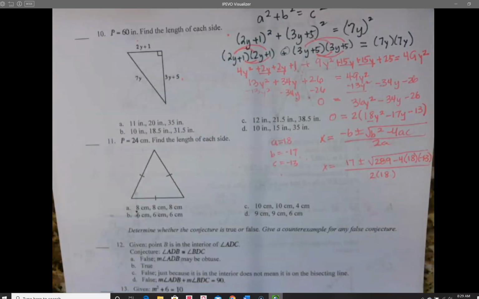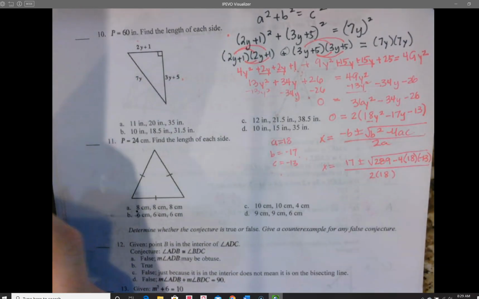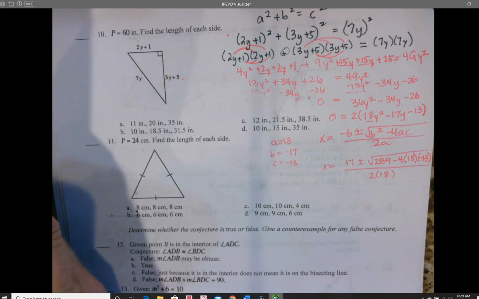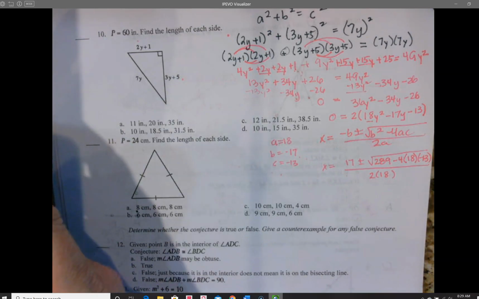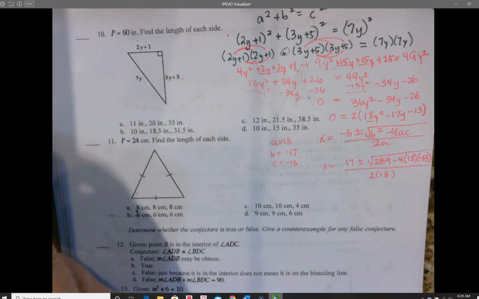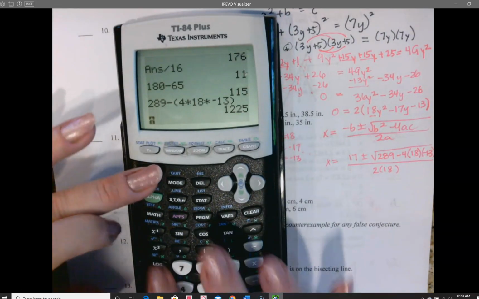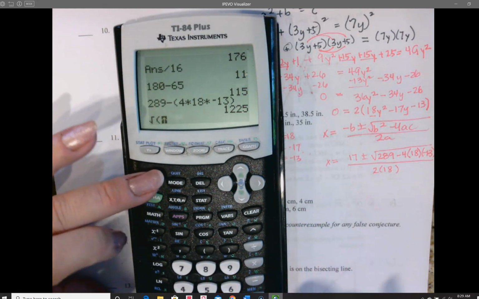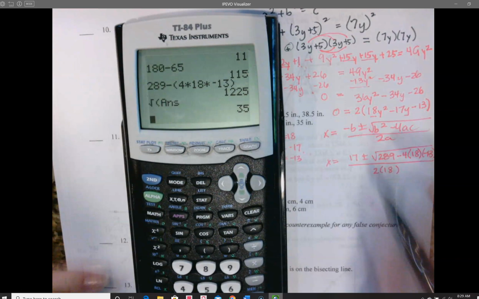So let me get my calculator out. I'm definitely not doing all of this in my head. So 289 minus 4 times 18 times negative 13. It's 1225. Is that a perfect square? Yes. Okay, so that's 35. All right.